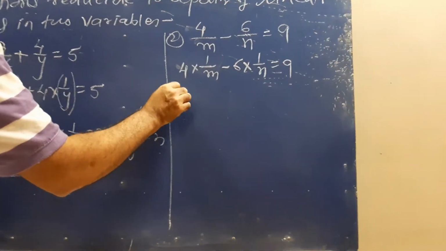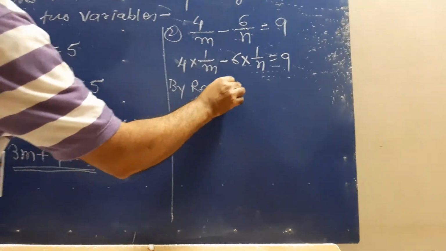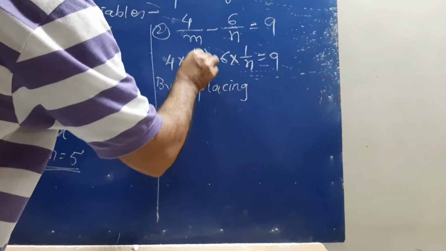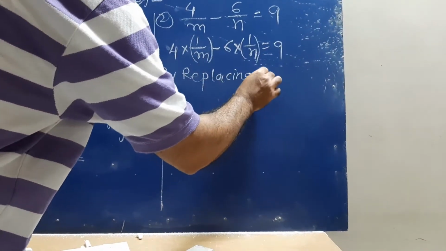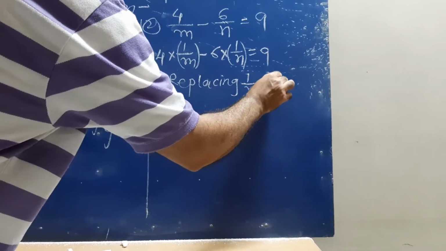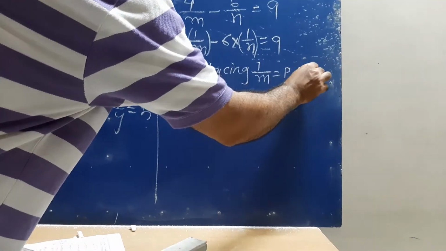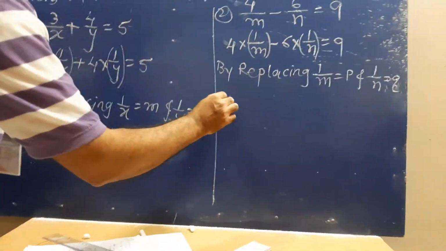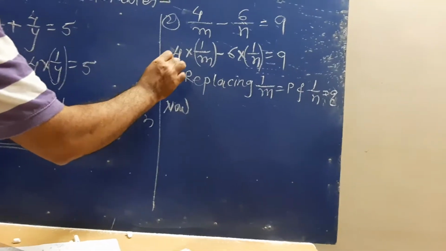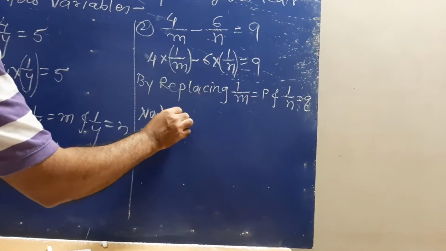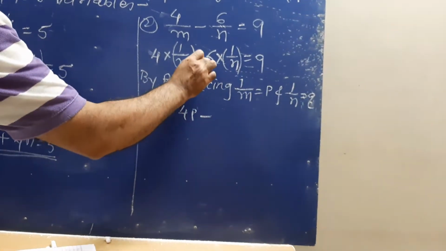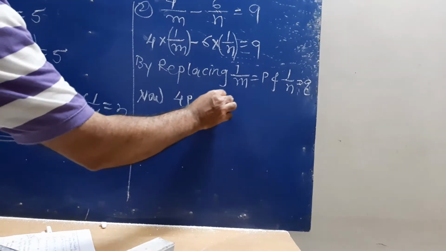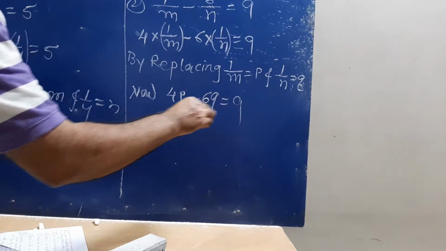By replacing 1 upon m is equal to p and 1 upon n is equal to q, we can write 4p minus 6q is equal to 9.